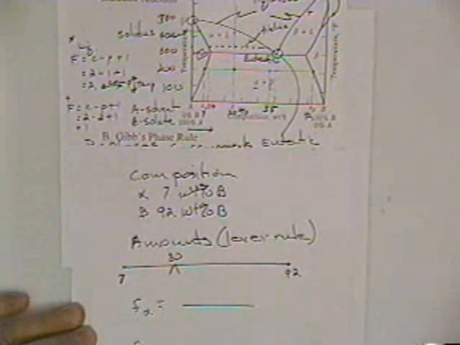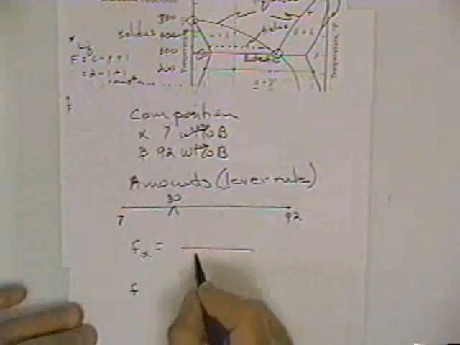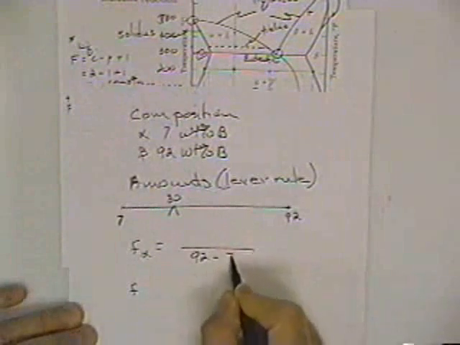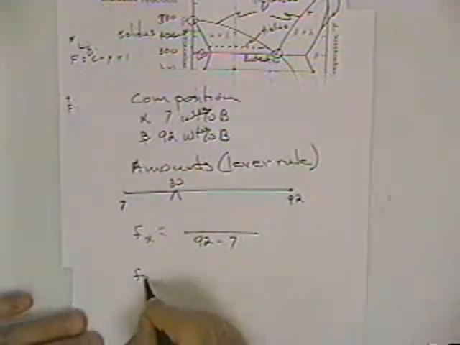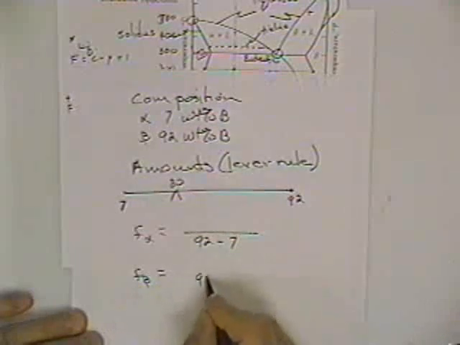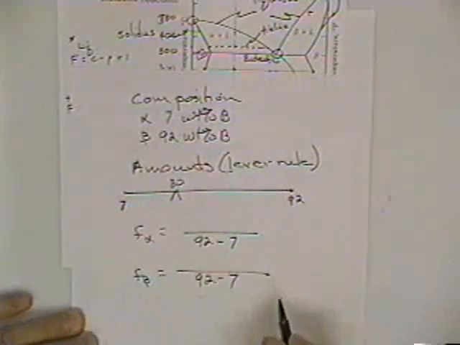So the fraction of alpha is going to be equal to what? Well, we certainly can put the denominator down there without a problem. That's going to be 92 minus 7. And the fraction of beta is also going to be 92 minus 7.